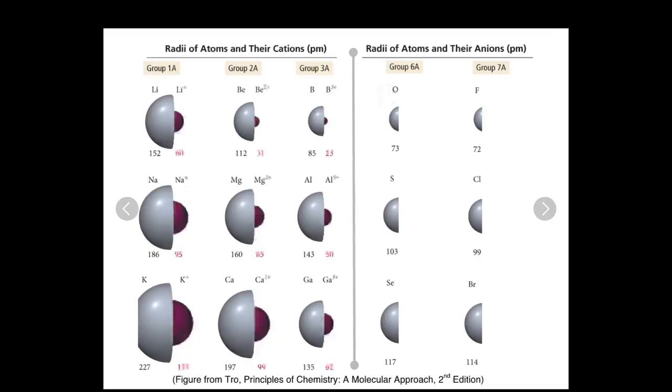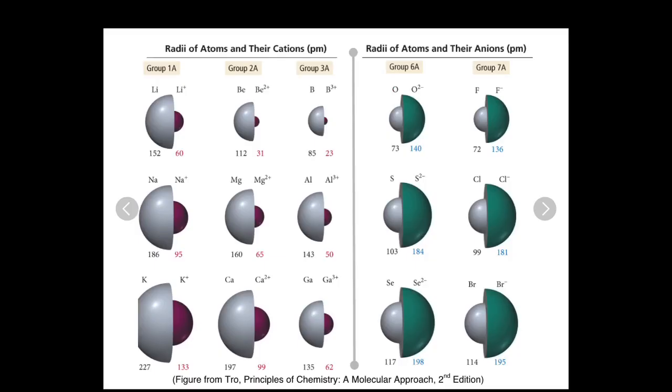For anions, on the other hand, because you are adding more electrons, it will increase electron repulsion. Therefore, the electrons want to get further away from each other, which expands the size. So the size of the radius gets bigger as you increase the number of electrons.